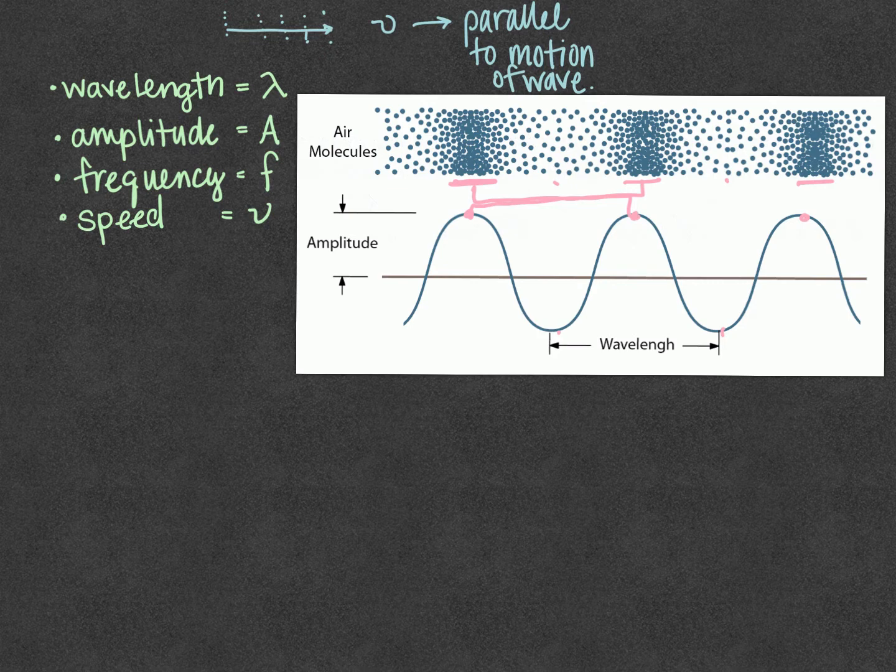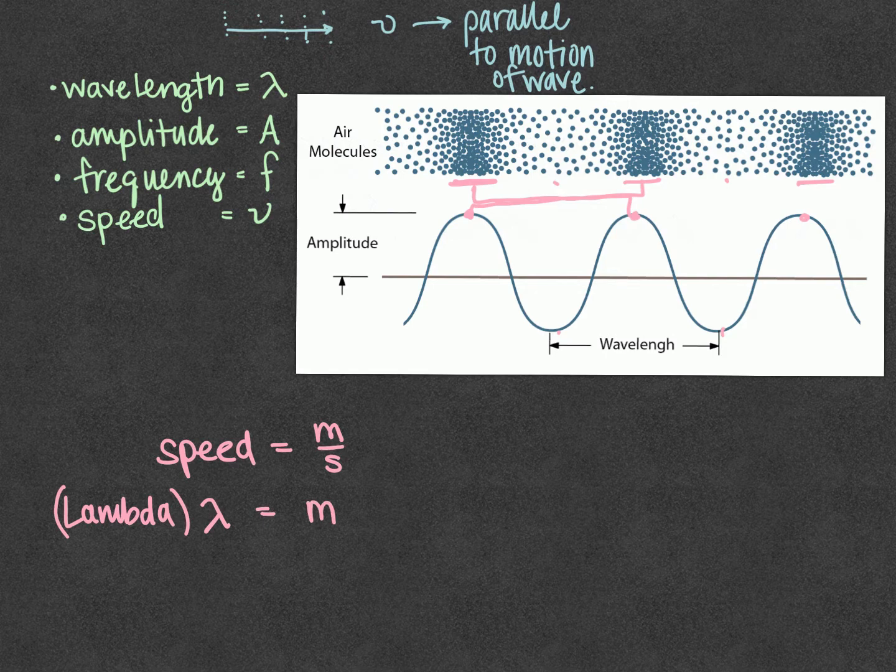Now the relationship between wavelength, frequency, and speed: speed is measured in meters per second. Our wavelength, for which we use the symbol lambda, a Greek letter, is a length, so it is measured in meters.